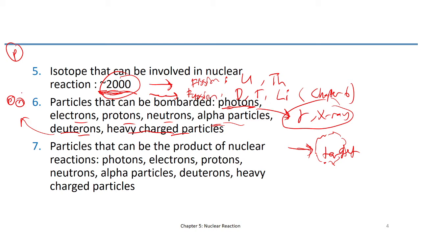But deuteron or deuterium nucleus is one proton and one neutron, and another species is one proton and two neutrons, which you call tritium. So all these are the isotopes of hydrogen.